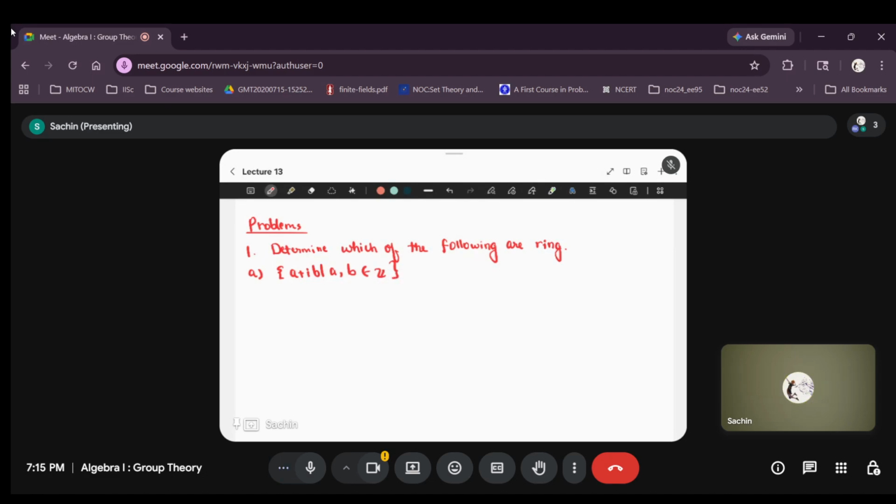Is this a ring? Yes, this is the ring of Gaussian integers. We have seen this in an example, I think.